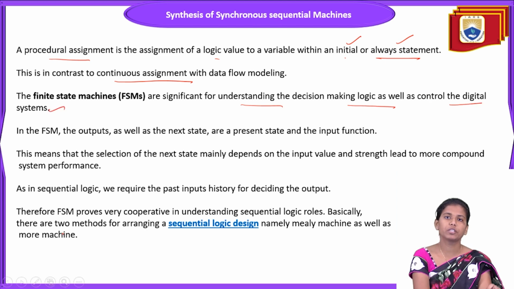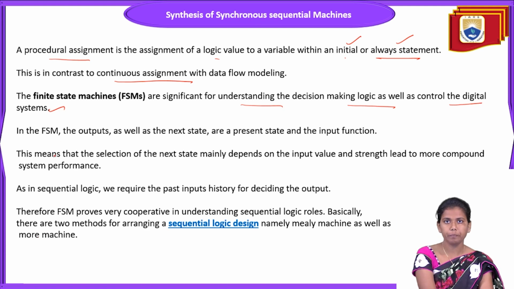These machines make us decide properly, so we say they are very prominent machines for decision making logic. In order to control the digital system and to make a wise decision regarding the input as well as the output, we go with finite state machines.